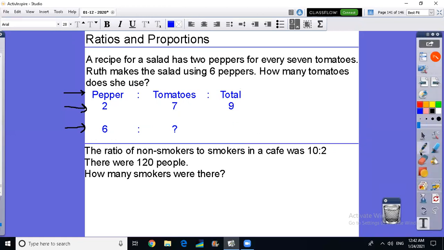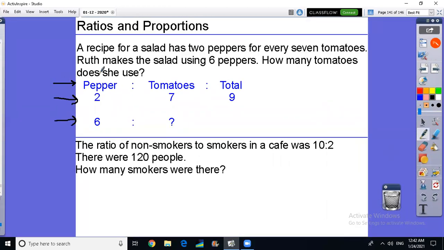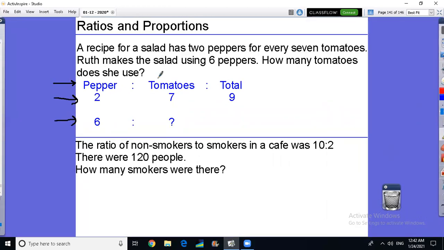All I need is that the pepper column is complete and the tomatoes column is complete, with a 7 and a question mark. So the total from the beginning was useless. Even if you put it there in the beginning, it's never going to lead you to the wrong answer.